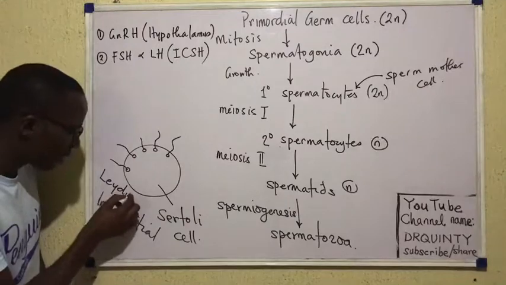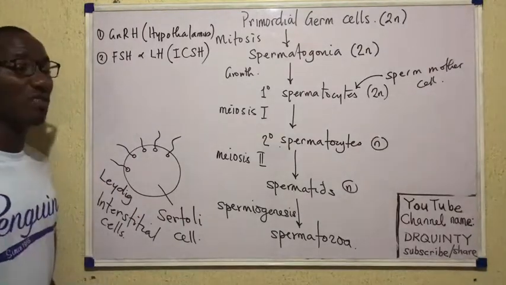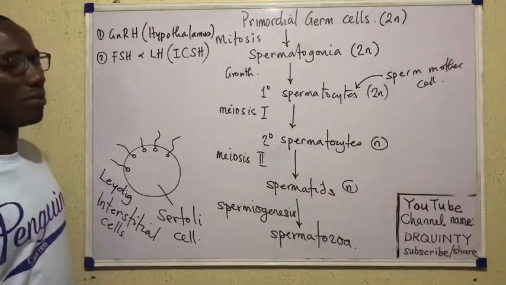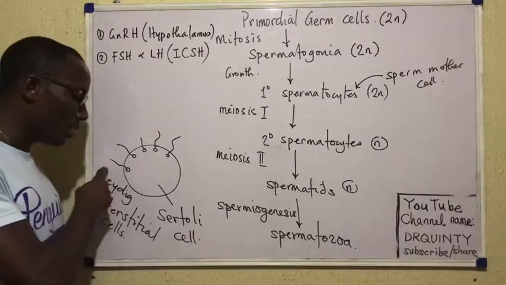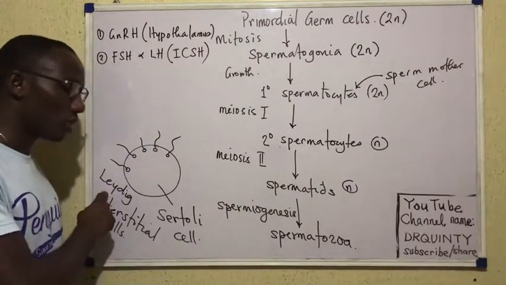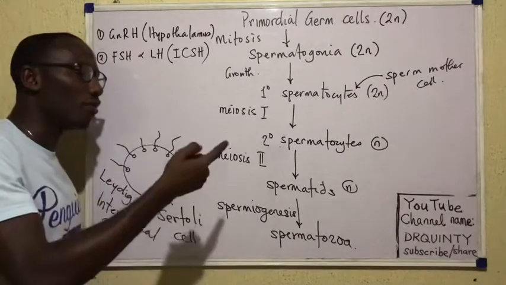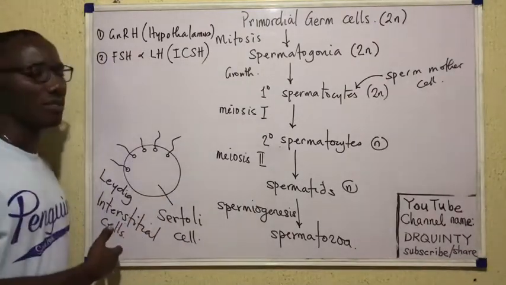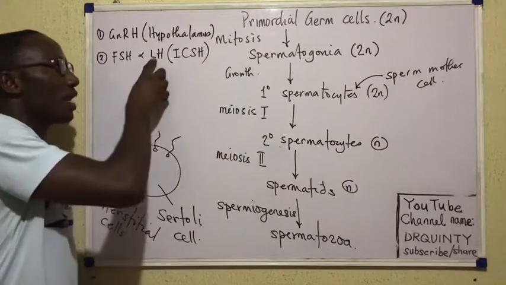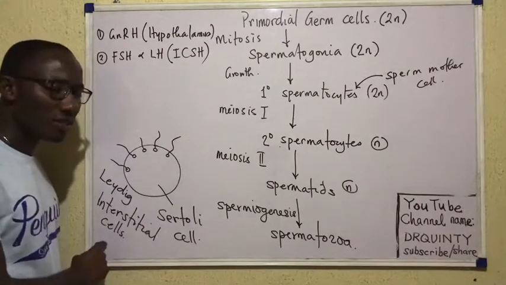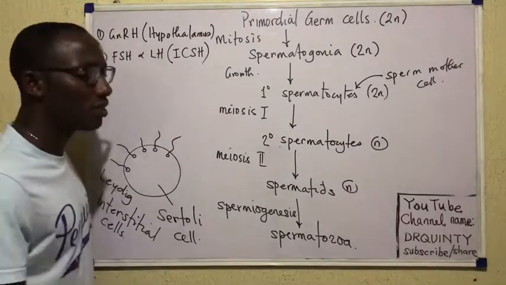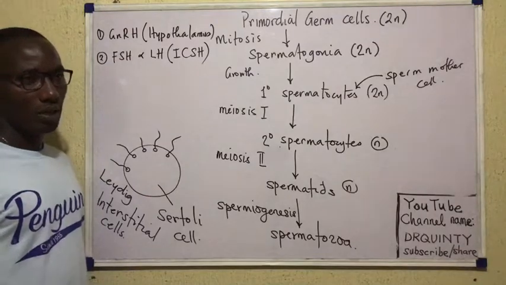So we call them the interstitial cells of Leydig, or we just call them Leydig cells. So Leydig cells are interstitial cells, and the work of LH will involve stimulating these interstitial cells, and that's why LH is called interstitial cell stimulating hormone.